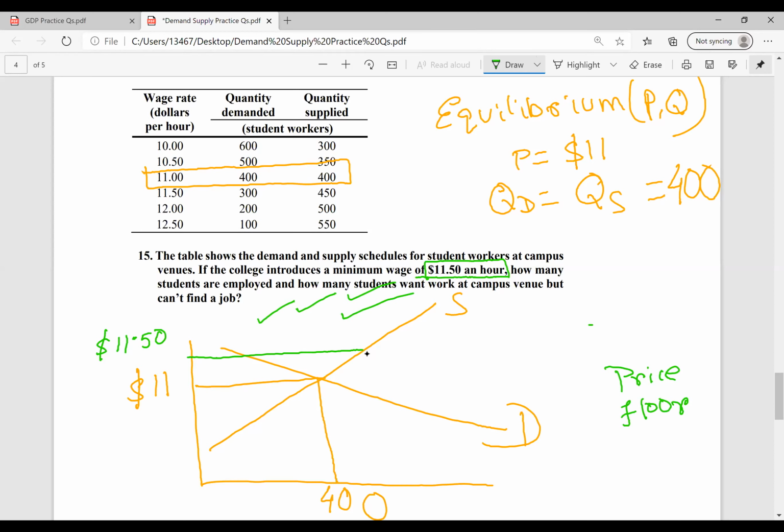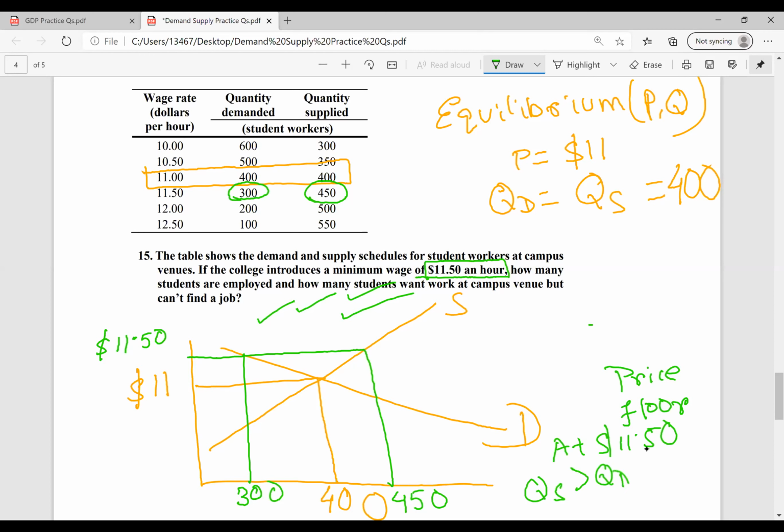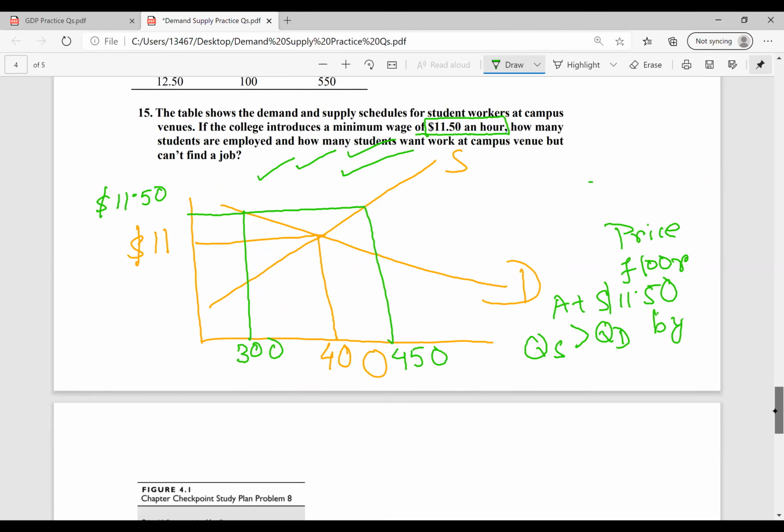Now at $11.50, the quantity supplied is 450. Quantity demanded is 300. That means at $11.50, quantity supplied is greater than quantity demanded by how much?